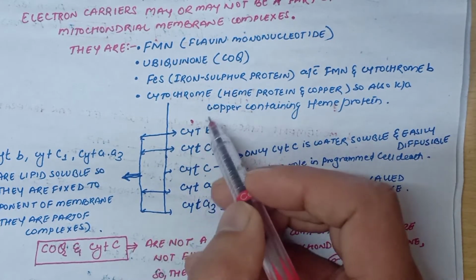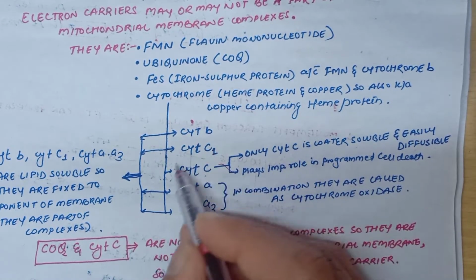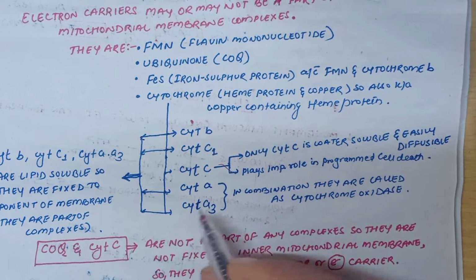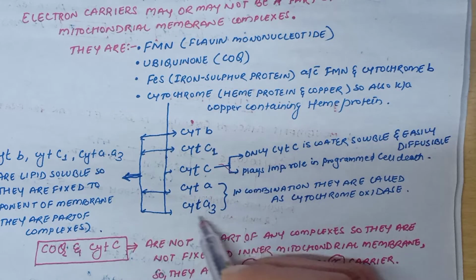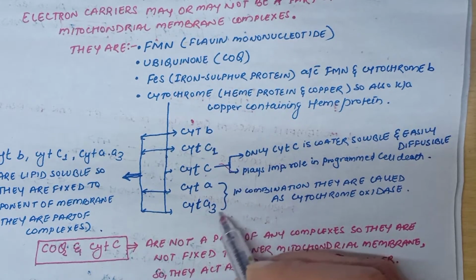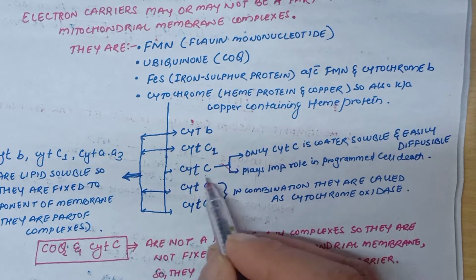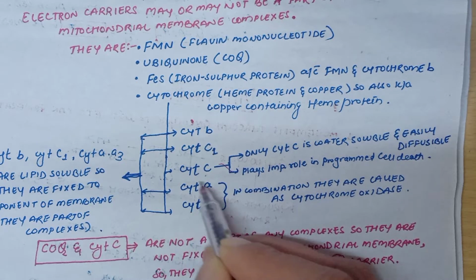And cytochrome can be cytochrome B, cytochrome C1, cytochrome C, cytochrome A, and cytochrome A3. And cytochrome A and cytochrome A3 in combination, they are called as cytochrome oxidase.